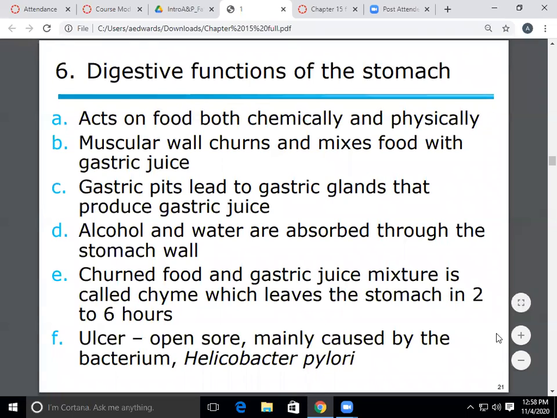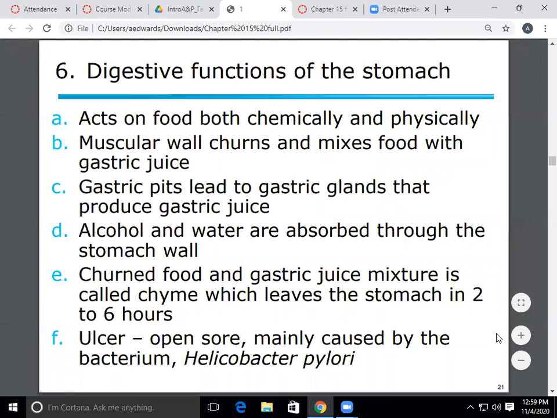So the muscular wall of the stomach churns and mixes your food with that gastric juice. Okay, those gastric pits will lead down into those gastric glands where the gastric juice is produced. So you'll actually get some absorption in the stomach, but it's for alcohol and water, okay, in the stomach wall.